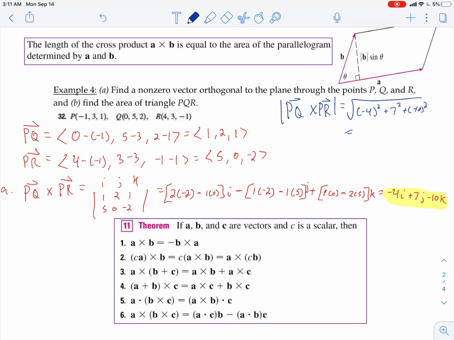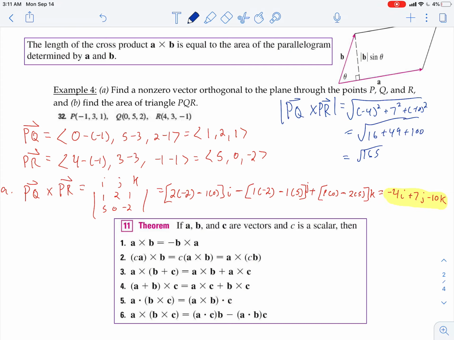And so I get the square root of 16 plus 49 plus 100. And that's going to give me, let's see, 65, 165, square root of 165.